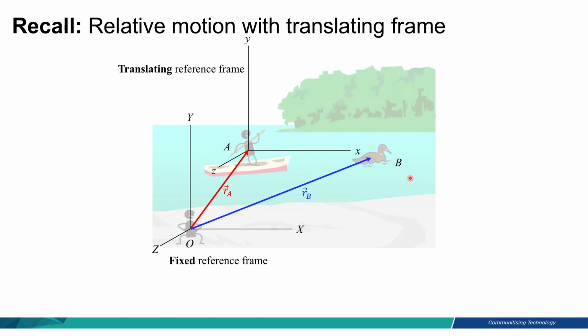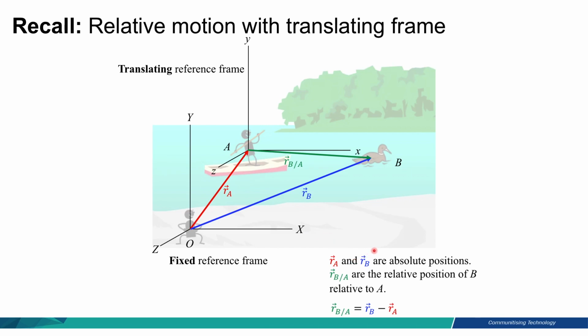Then we draw another position vector of the duck with respect to the man on the boat at point A, that is RB/A. This is the analogy of what we have done in our previous lesson.